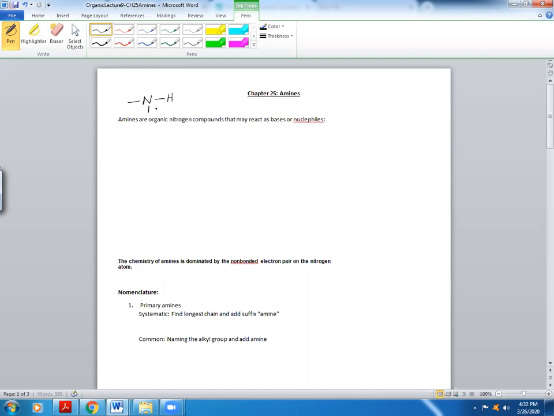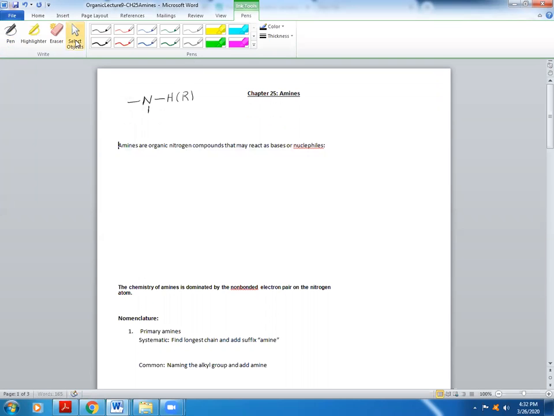They can be H's or R groups. Of course, we already know what these are, but we'll talk about them further. The key is you have this lone pair. So again, this is what we're going to study.